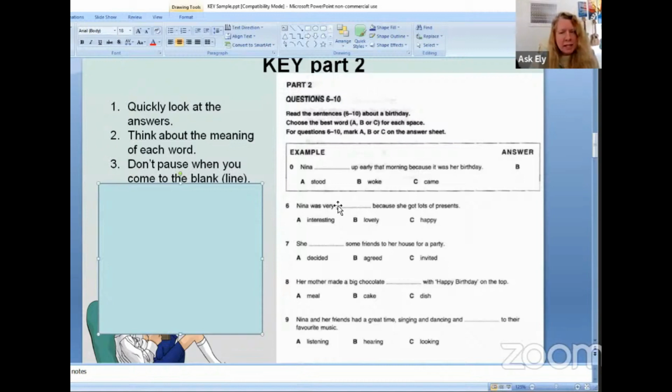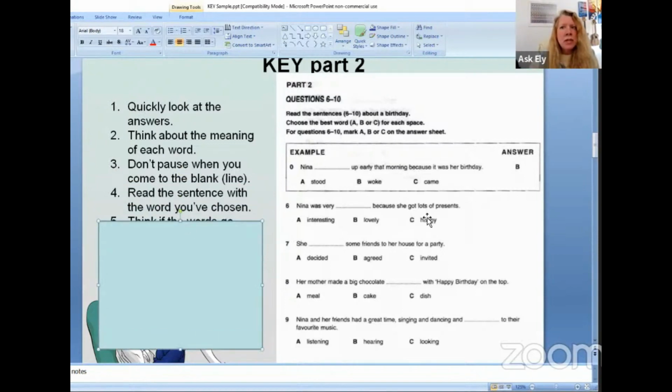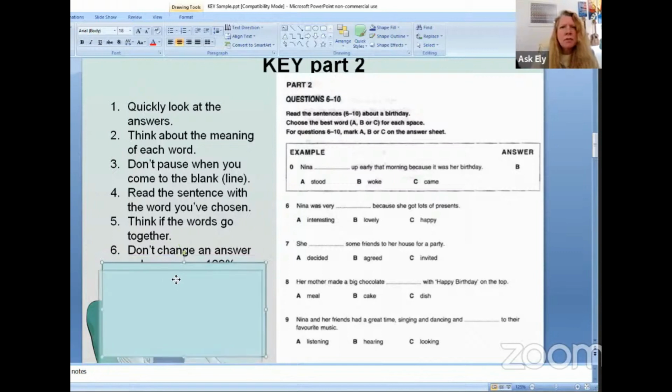So when you're reading this, we're not going to pause, we're not going to stop, we're not going to think. And you're going to read the sentence with the word that you've chosen. And think if the words go together. Do they go together? Do they fit in that blank? Do they work?